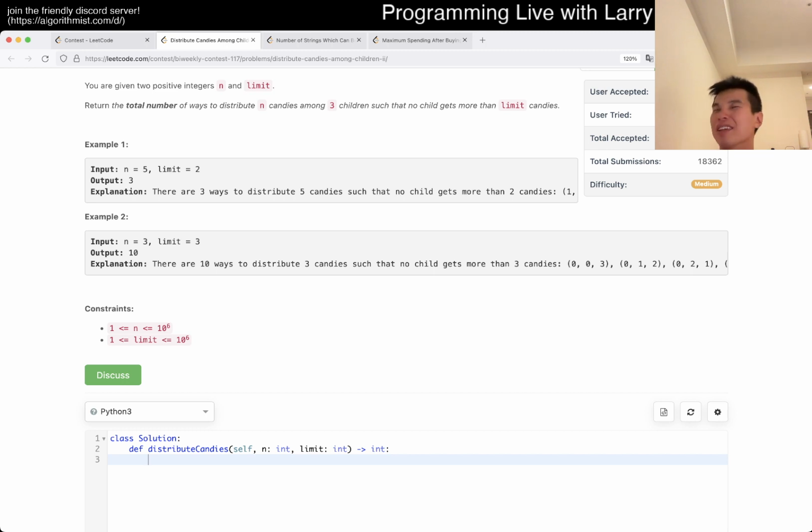And then like inclusion exclusion. Wow, I'm just stuck on this one. I'm trying to still even just think whether it's math or simulation-y.